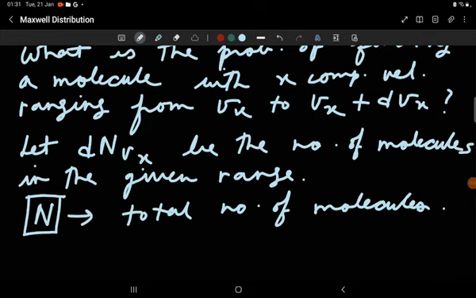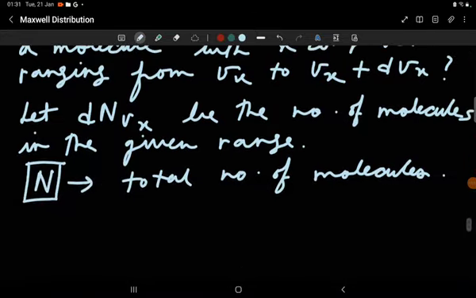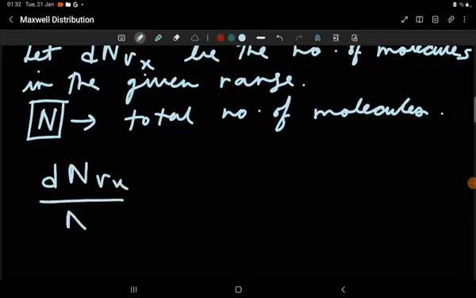This will be our n. So our required probability is nothing but dn Vx by n, and what we need to find out is just this dn Vx by n.